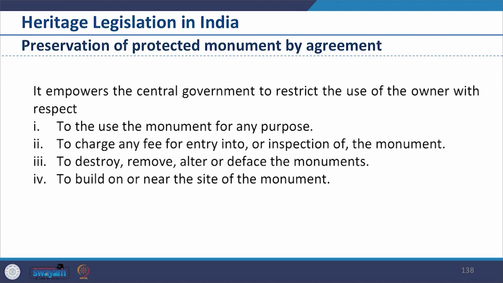So you may see that there might be a little conflict with the rights here. Then it also empowers the government to allow access to the public or any officer to inspect or maintain the monument.